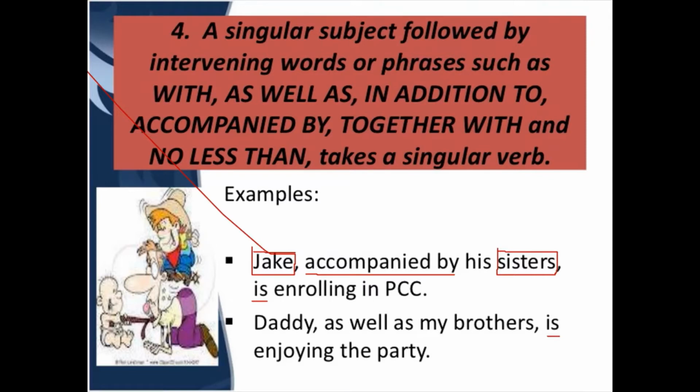The verb is agrees with the main subject, daddy. Since daddy is a singular noun, the verb used in the sentence is also singular. So even though the subject daddy is followed by intervening words as well as my brothers, it will not affect the number of the subject. So that is for rule number 4.